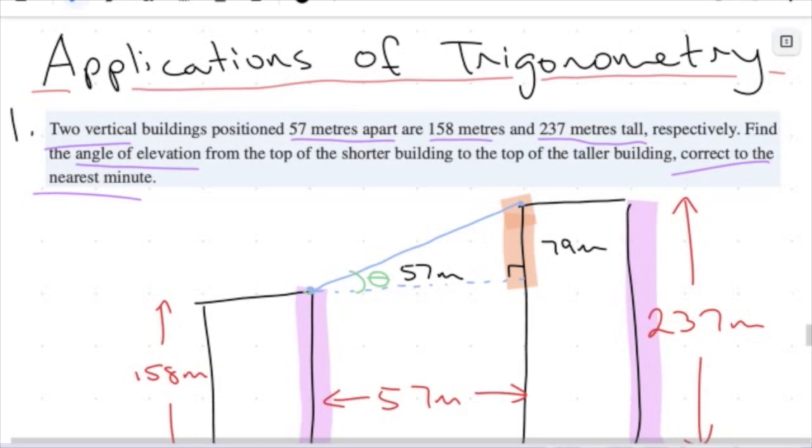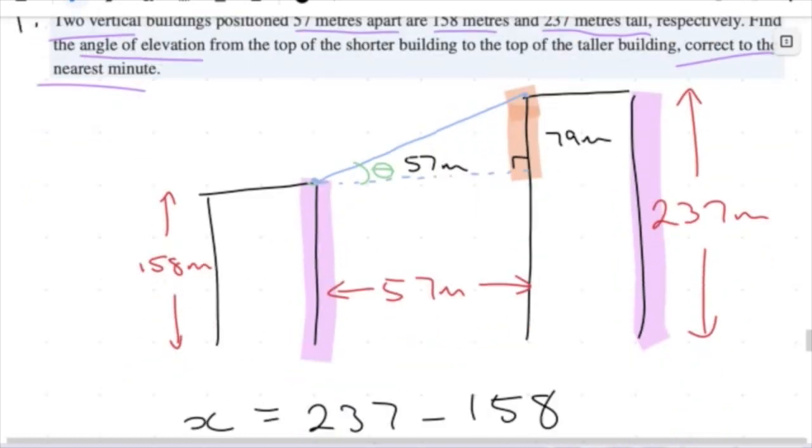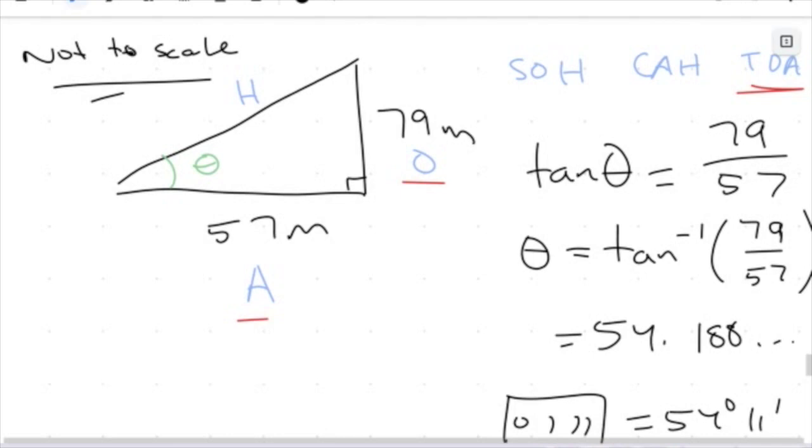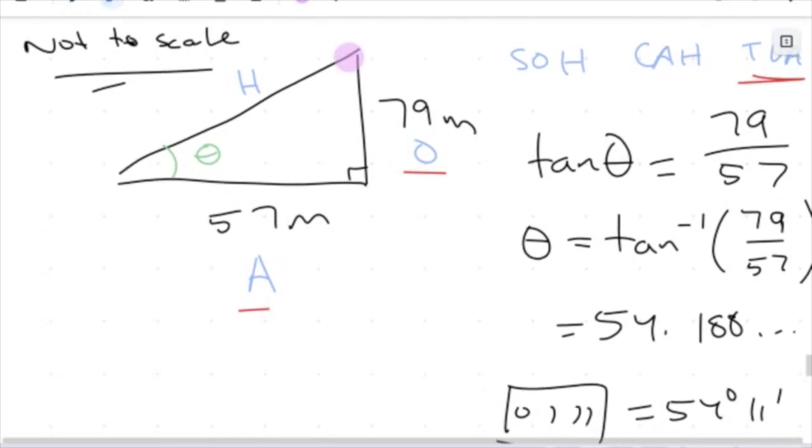So we need to get a right angle triangle in order to use trigonometry in the first place. And this shows you a nice, hopefully concise way of working through these types of questions and making my initial drawing into a really easy right angle triangle. Makes it like a question we've been doing a lot in the past.